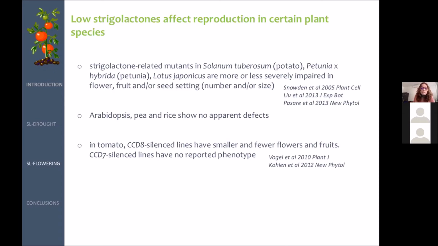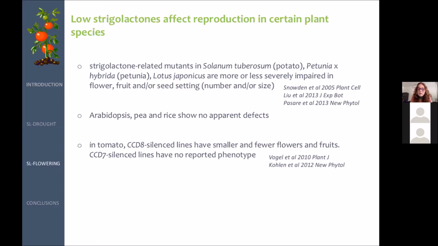How about tomato? There's a mild phenotype published for a similar line to the one that we use, that is silenced on the next enzyme in the pathway, CCD8, for having smaller and fewer flowers and fruits.